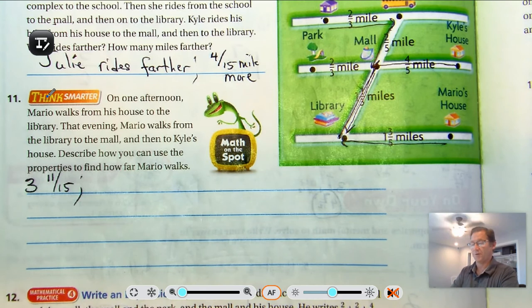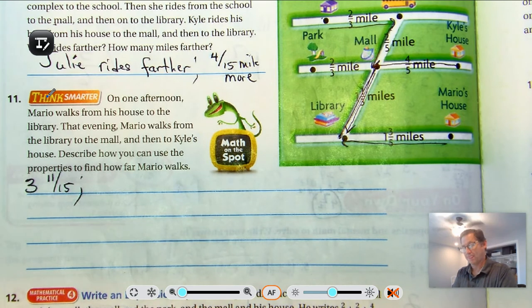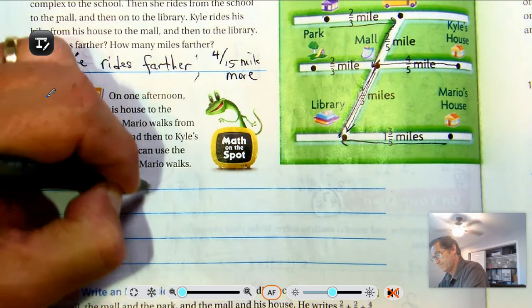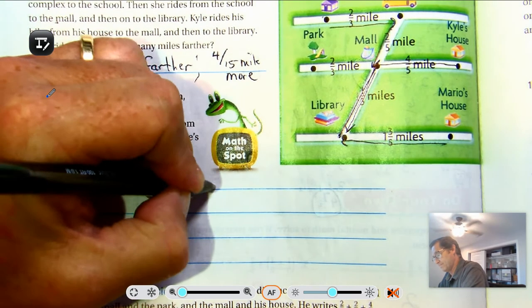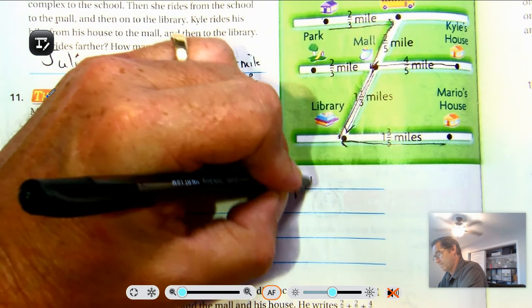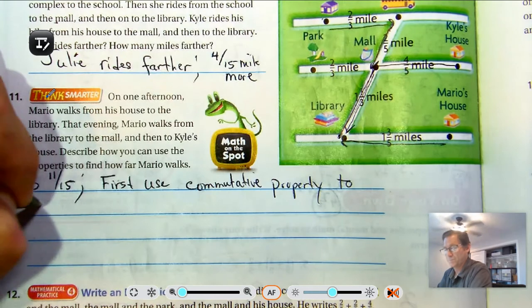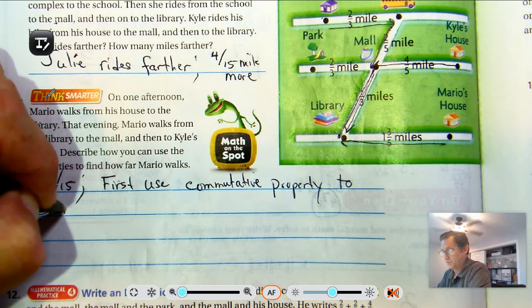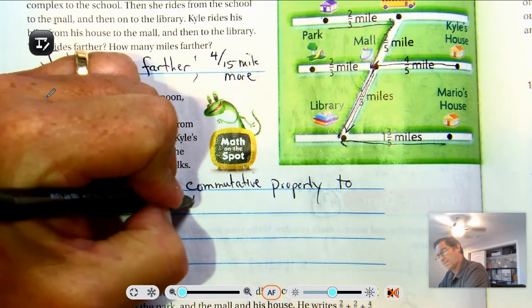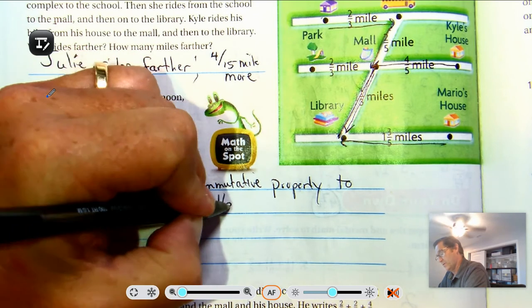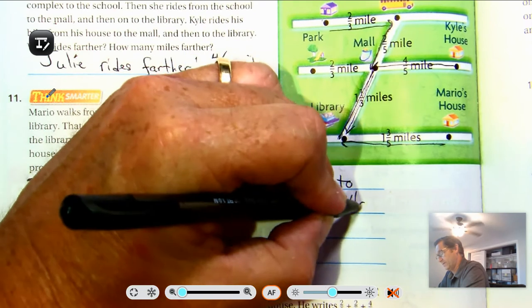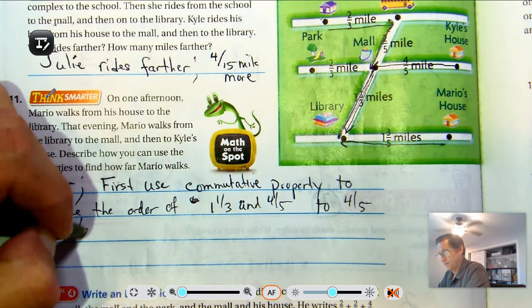Okay, so what did we do first? So first, use the commutative property to change the order of 1 1/3 and 4/5 to 4/5 plus 1 1/3.